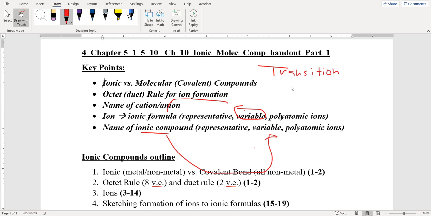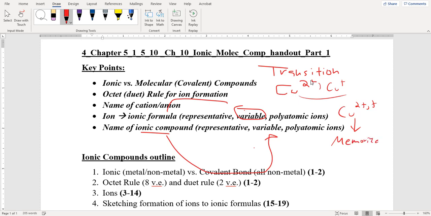So for example, copper is a variable ion because it can choose to either have a 2 plus charge or it can have a 1 plus charge. And usually we just summarize it like this: 2 plus or 1 plus charge. There is no way to figure this out on the periodic table. You have to coldly memorize it.